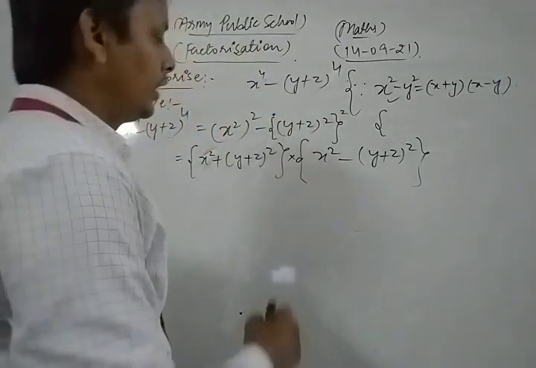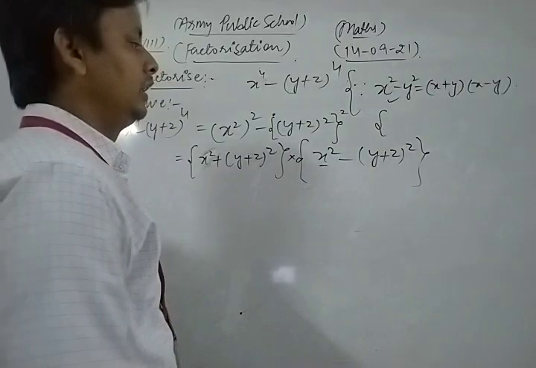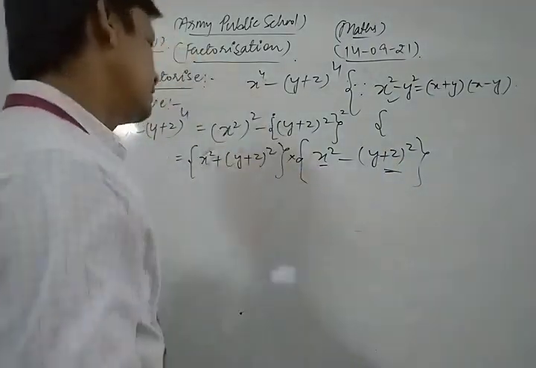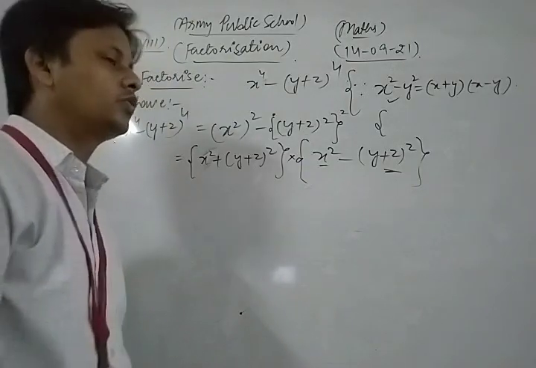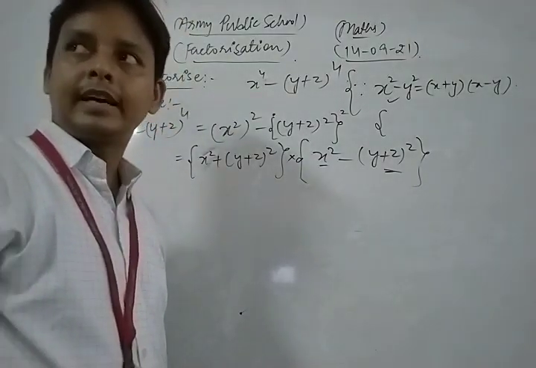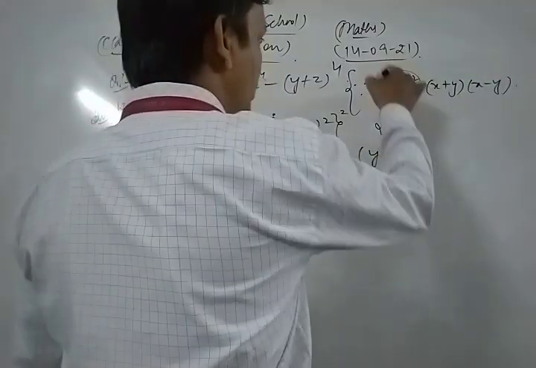So here the value of a is what? x, and the value of b is what? y plus z. In this way we can explain this, based on the identity a square minus b square.